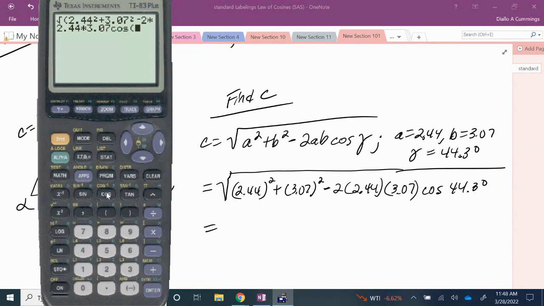There's no need to put times, it understands that that's a multiplication. 44.3. I want to close off my argument for cosine, and I want to close off my radical.